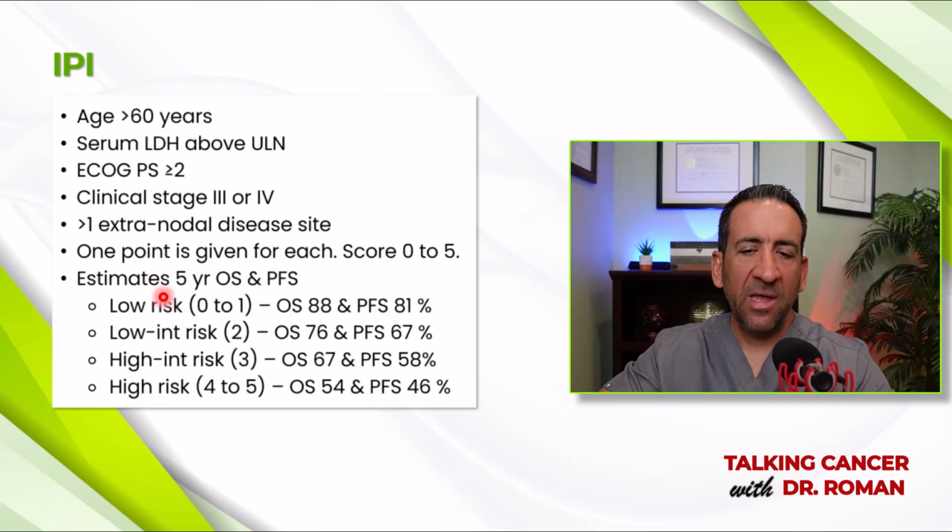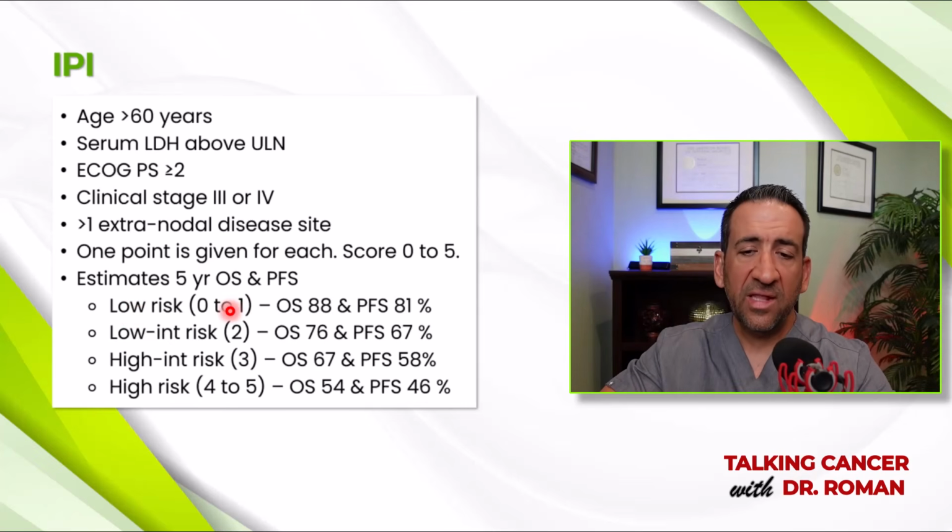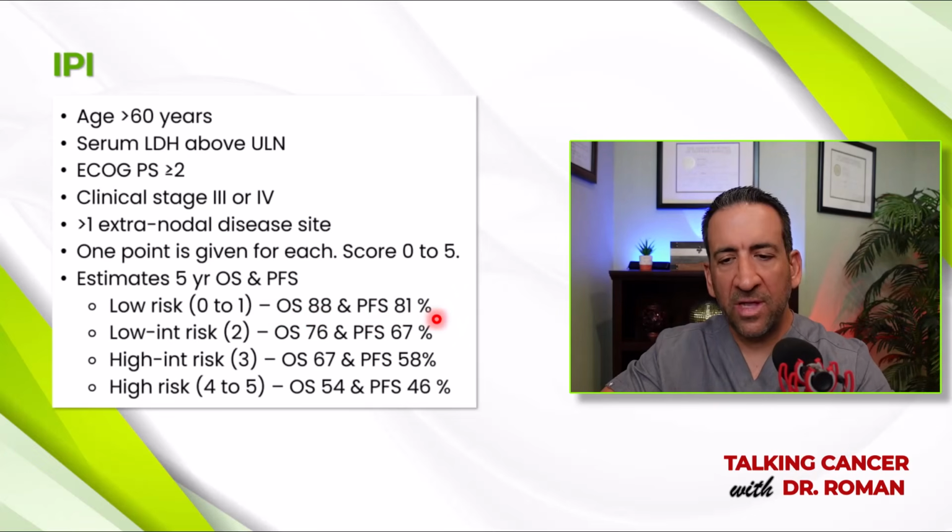Now, this will estimate your 5-year overall survival and progression-free survival. So, for example, you are considered low risk if you only have a score of 0 to 1, and here it is said that you have an overall survival of 88% with a progression-free survival of 81%.